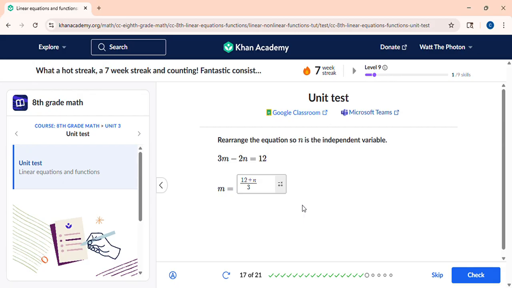That is correct. If we have 6, each side should be 6. 18 minus 12 gives me 6 is equal to 12, which is not true.